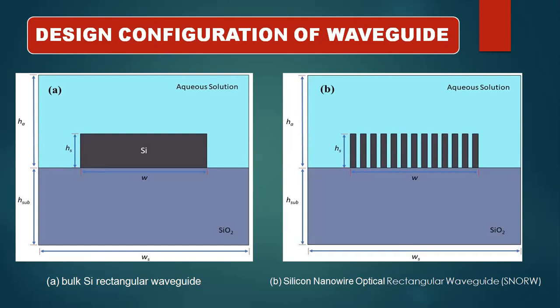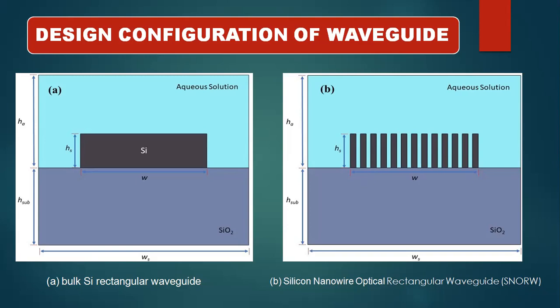In both cases, the waveguide consists of silicon, then SiO2 substrate, and an aqueous solution. The height of the silicon rod is 220 nanometers, that is HS equals 220 nanometers in both cases. The width of the waveguide is 755 nanometers, and the height and width of the substrate are 500 nanometers and 1255 nanometers respectively.